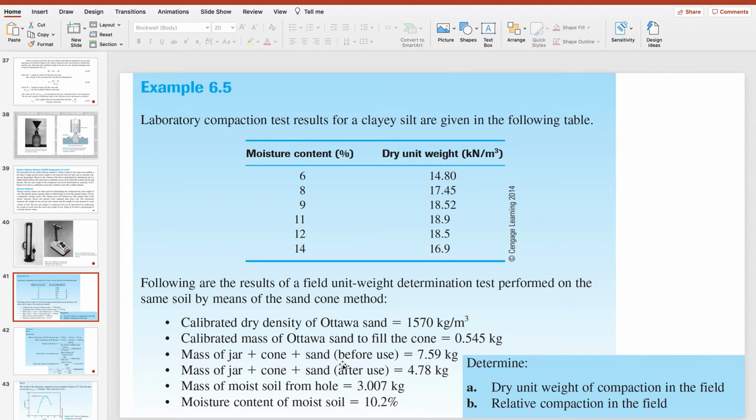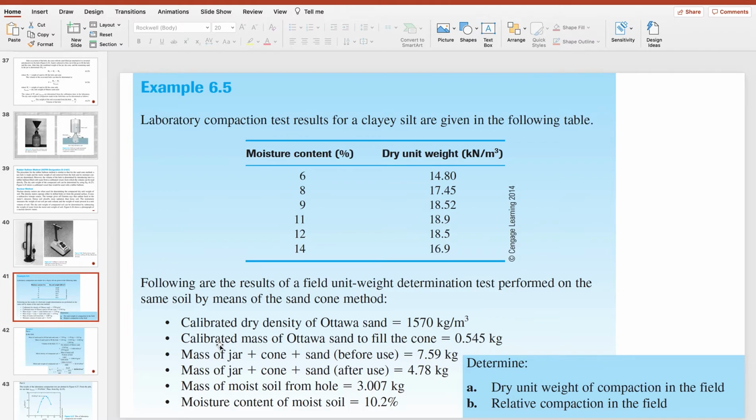So the calibrated density of Ottawa sand is 1,570 kg per cubic meter. This is constant. Calibrated mass of Ottawa sand to fill the cone is 0.545. The mass of the jar plus cone plus sand before use is 7.59.